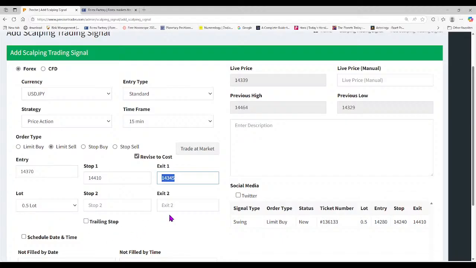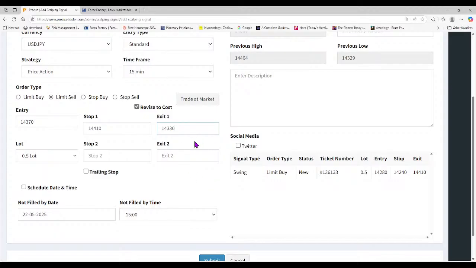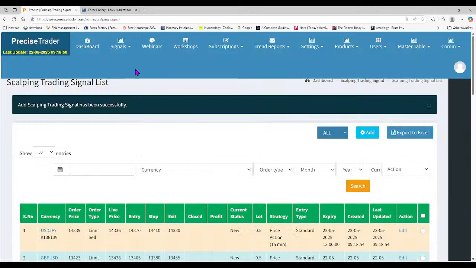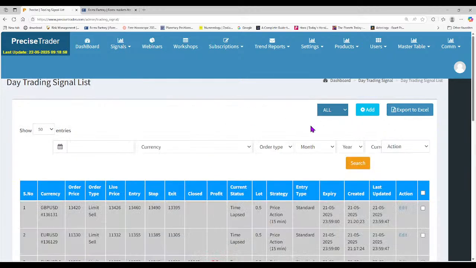So I think we'll go for a conservative TP, which is about 43.30.